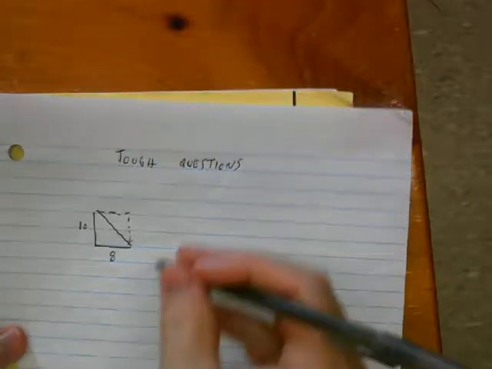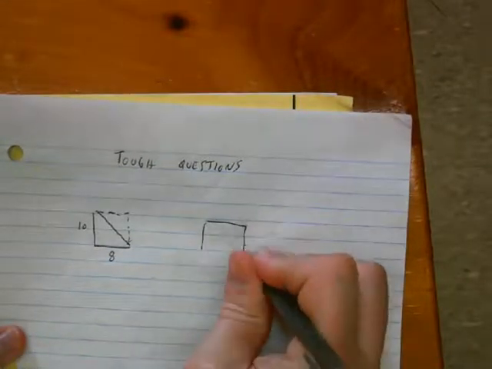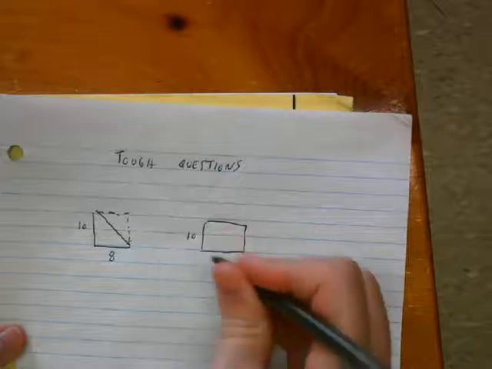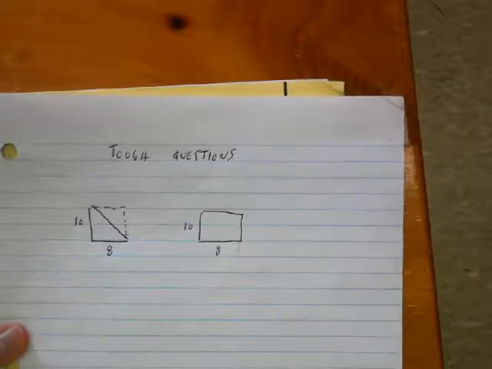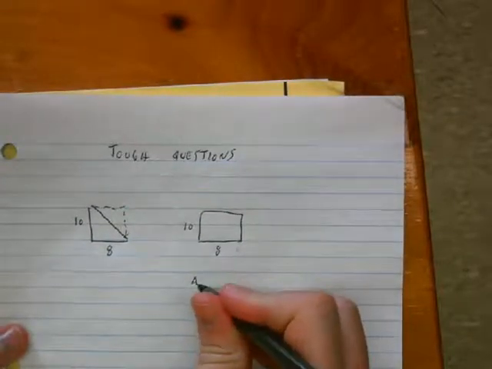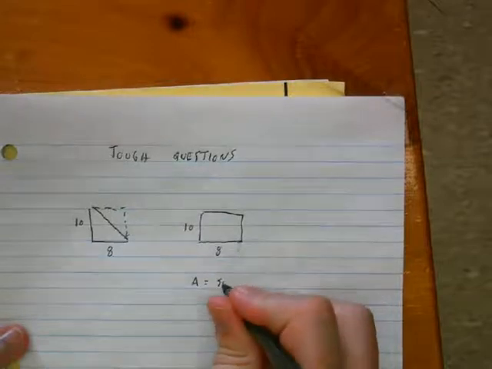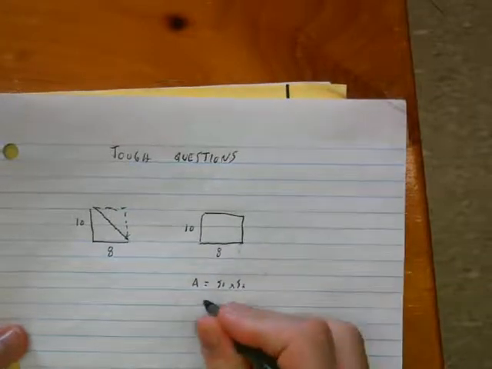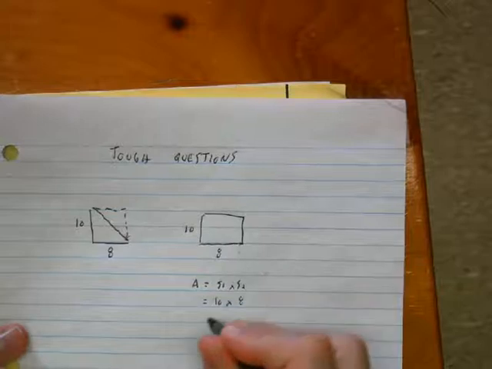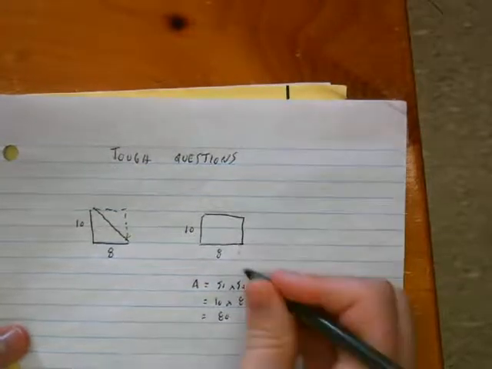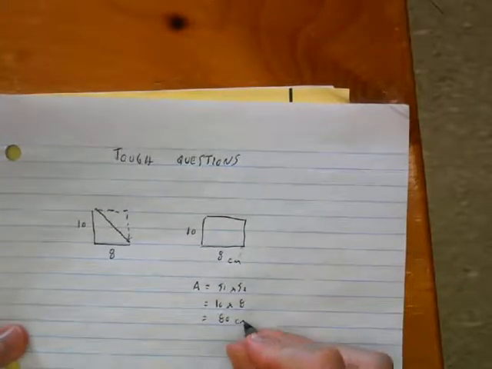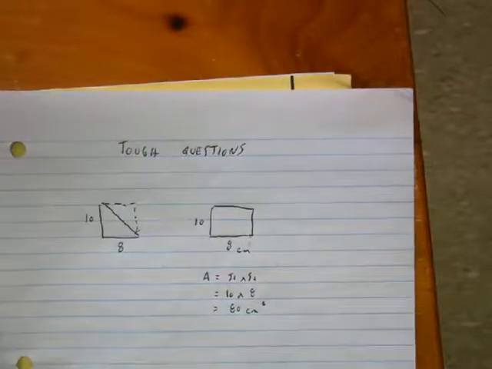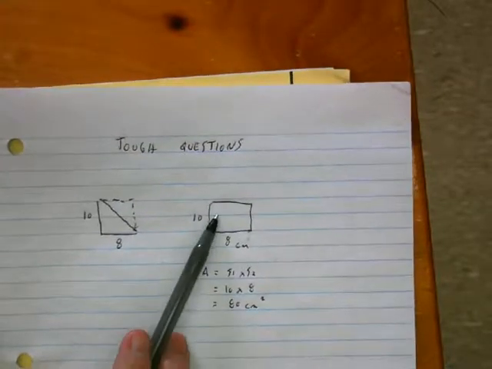So on a quiz, if I was to give you that shape and say it's 10 by 8, right? You would just tell me that the area is side 1 times side 2, or 10 times 8. So we would have 80, and let's say it was centimeters, so I would get centimeters squared. So all we've done here is we've taken this rectangular shape.